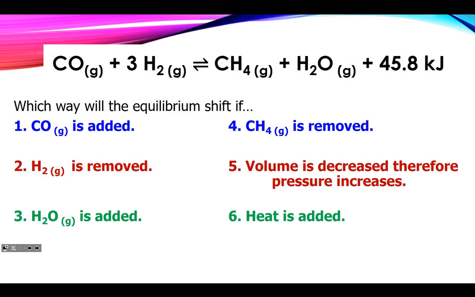When I have more volume or less pressure, that's when they go to the side that has the more moles of gas. You just got to memorize, yeah. Or put it on your card.